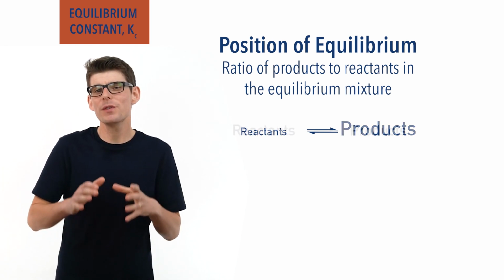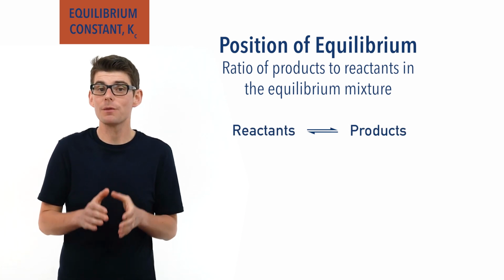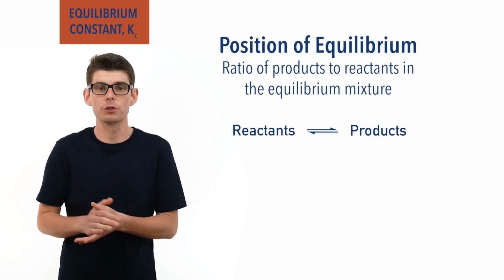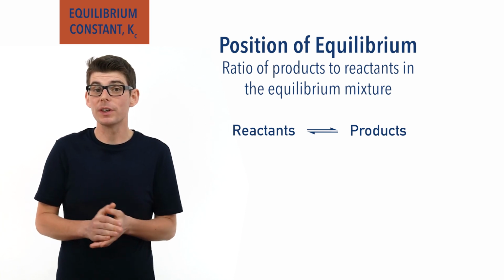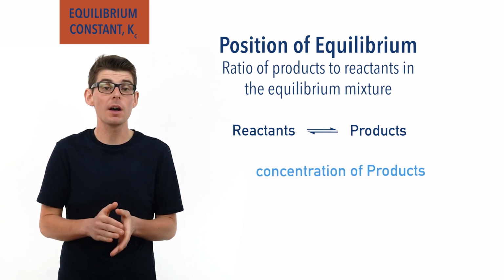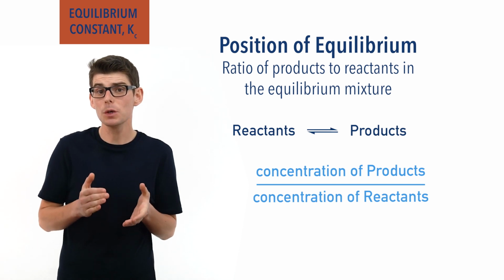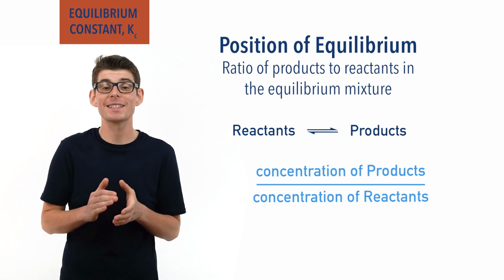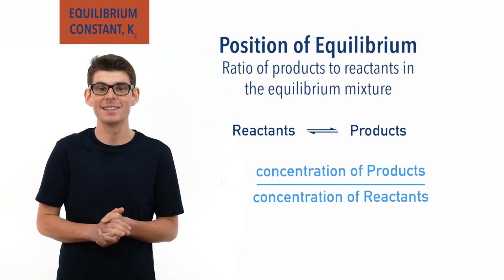If we want to know the exact position of equilibrium, however, we need to compare the actual amounts or concentrations of everything in the mixture. To do this, we divide the concentrations of products in the mixture by the concentrations of reactants. The value obtained is referred to as an equilibrium constant, represented with a capital K.